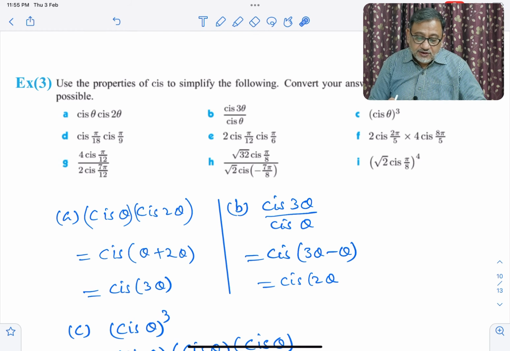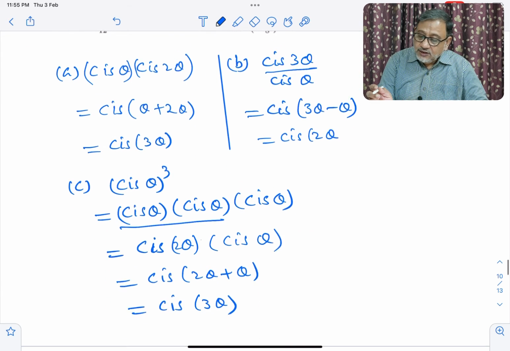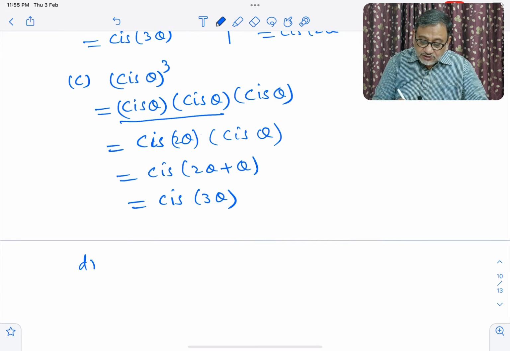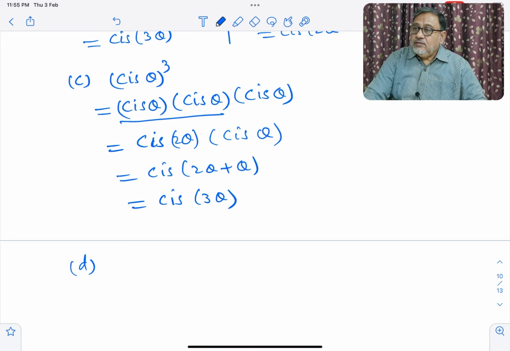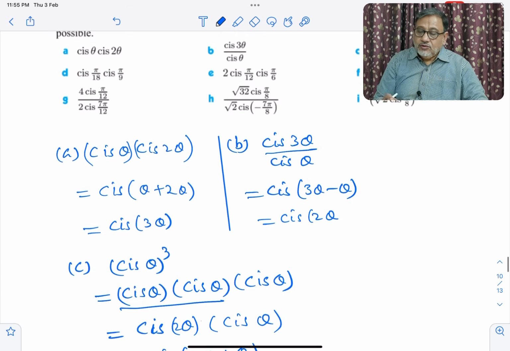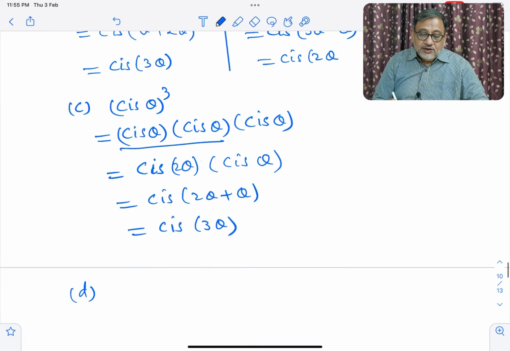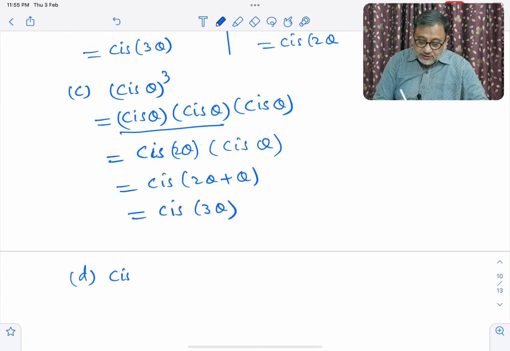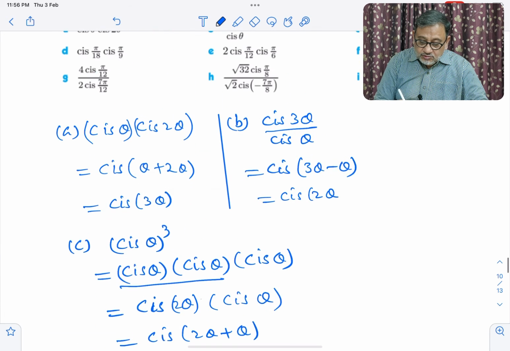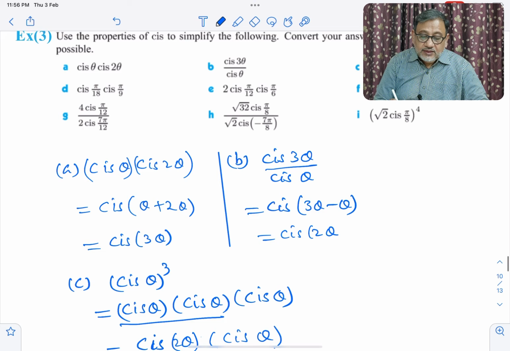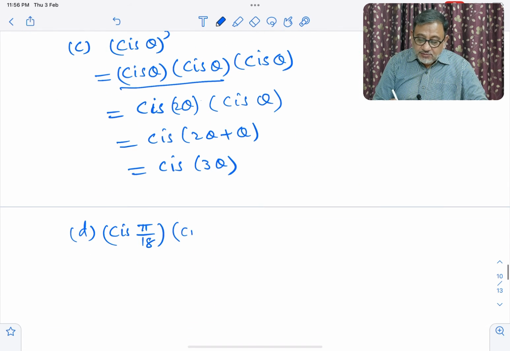Then D part of it. So D onwards, it is the same thing as I have explained, but let us do D, E and F. So D is cis pi by 18 into cis pi by 9.